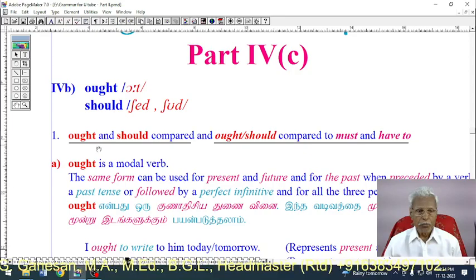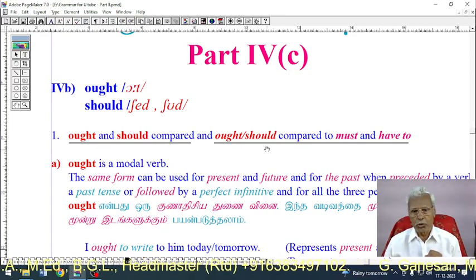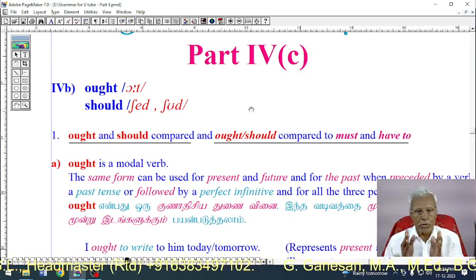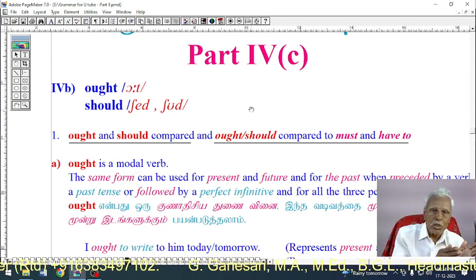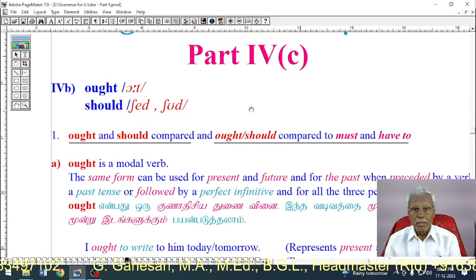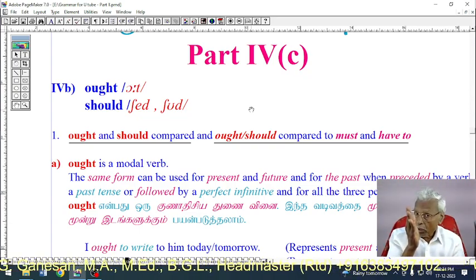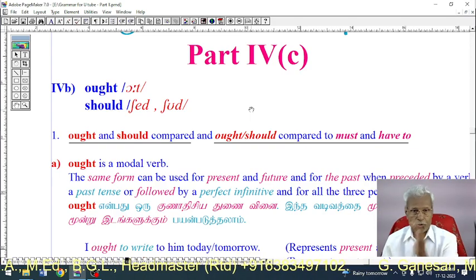Now let us see ought and should compared, and ought or should compared to must and have to. Here we are going to see first the similarities between ought and should, then the differences and similarities between ought and should and must and have to.